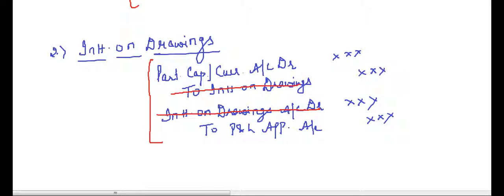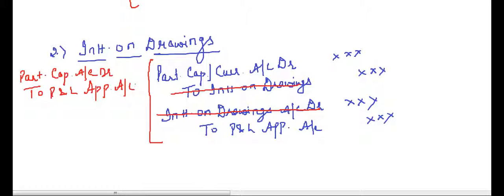So what will be our net entry? It will read as partners' capital account debit to P&L appropriation account. This will be the net effect.